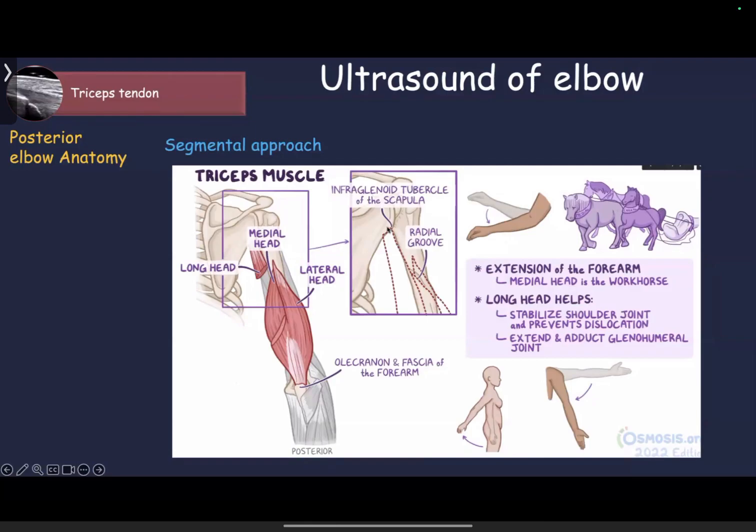The long head arises from the infraglenoid tubercle of the scapula, and the lateral head arises superior to the radial groove, and inferior to the radial groove we have the origin of the medial head. The medial head is important for the extension of the forearm. The long head helps to stabilize the shoulder joint and prevents its dislocation, and it extends and adducts the glenohumeral joint.